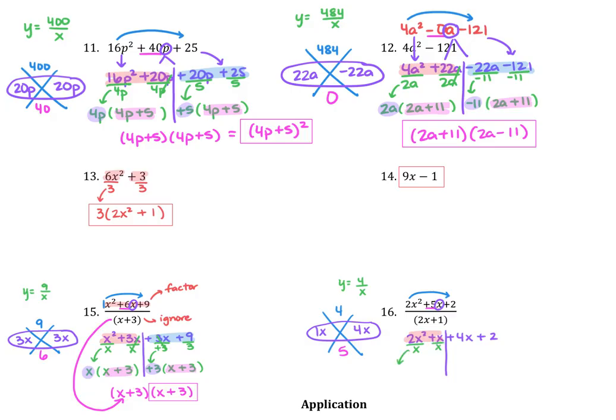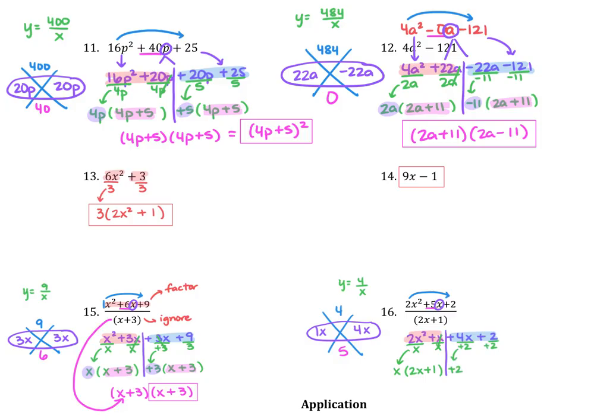Looking at the first binomial, I see that they have an x in common. Pull that out in front of my parentheses. 2x squared divided by x, if I pull an x out, I'm left with 2x. x divided by x, remember anything divided by itself is 1. Look at the back binomial. I see that they have a 2 in common, and since that first term is positive, that is what I'm going to divide by.